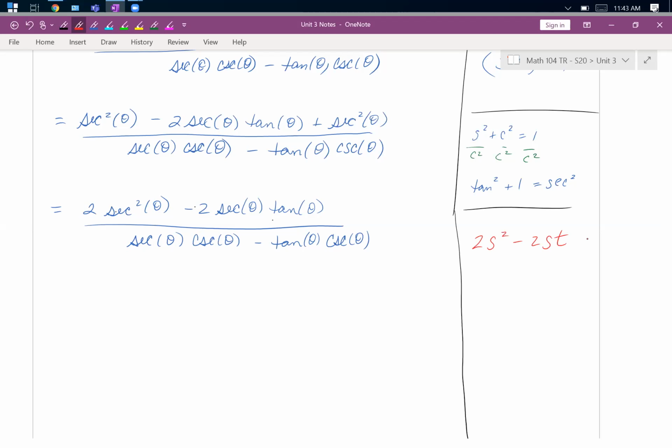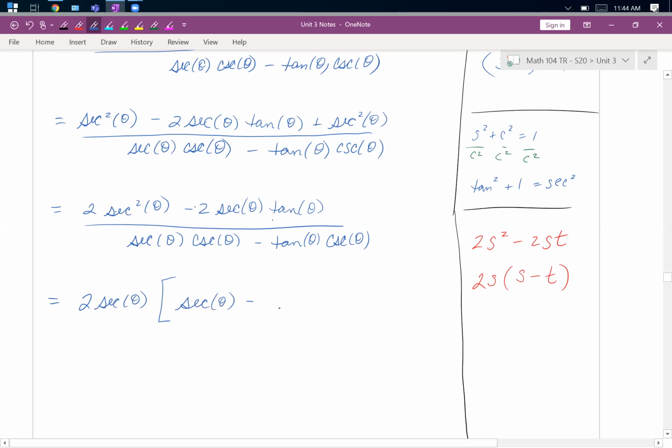You could factor out the 2. Anything else? The s, maybe? That's right. So if we factor out a 2s, that leaves us with s minus t. So there's our numerator. We're going to factor out a 2 secant, and then we're going to be left with secant minus tangent.